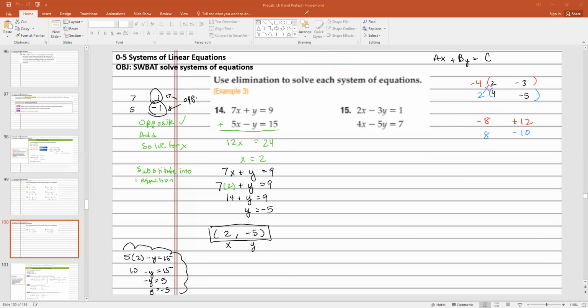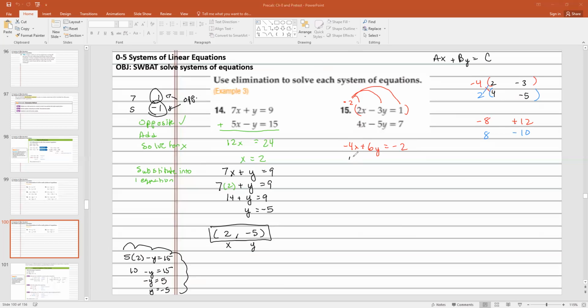All right, but here we have a multiple. We can multiply this one by 2. And not just 2, but -2, because we want it to be the opposite of 4. So multiply the top by -2, and we get -4x. -2 times -3 is +6y. -2 times 1 is -2.